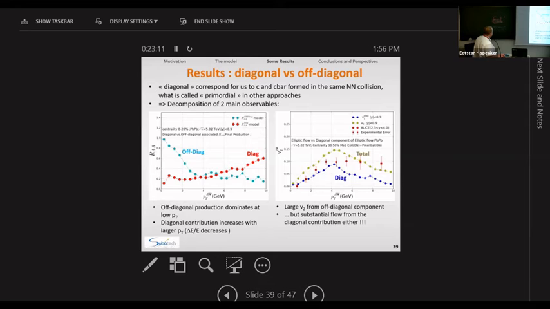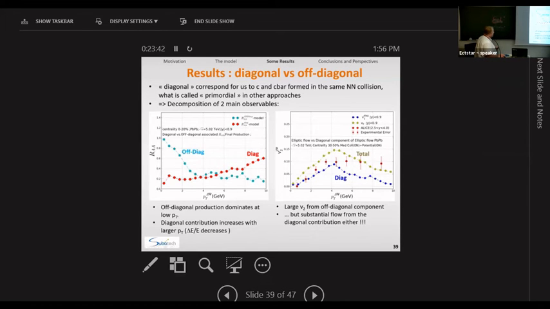You see that at low pT, it is indeed the off-diagonal that dominates. It is strongly diminished at large pT. The c and cbar, which were not correlated initially, have difficulties finding each other at large pT, while the diagonal component becomes larger simply because the energy loss acting on this diagonal component is smaller and smaller proportionally to the energy itself.